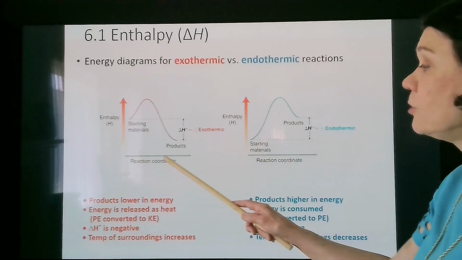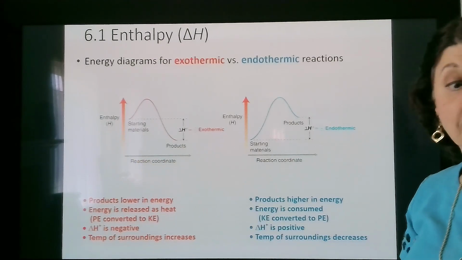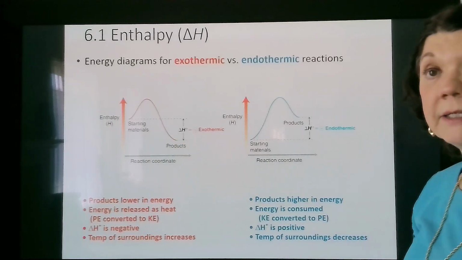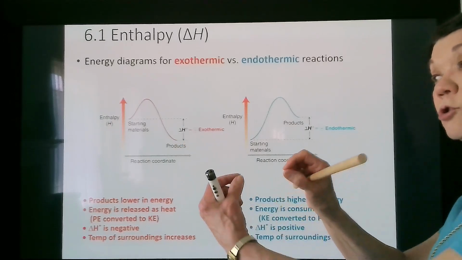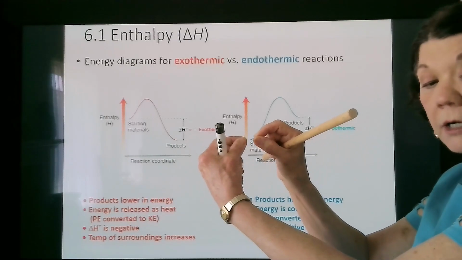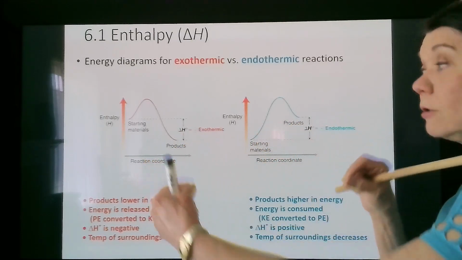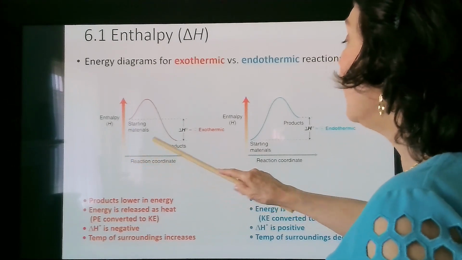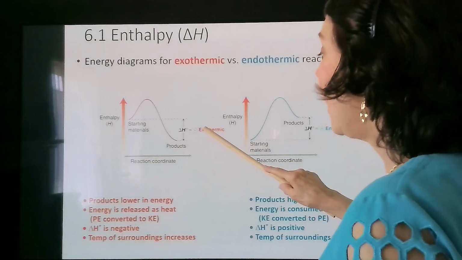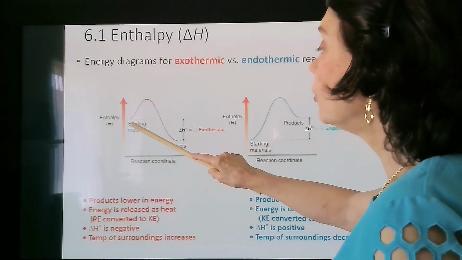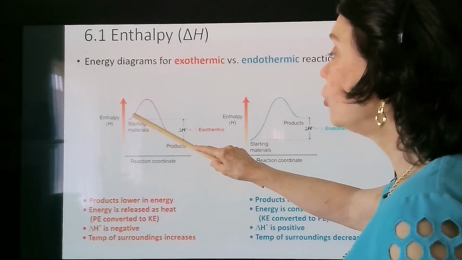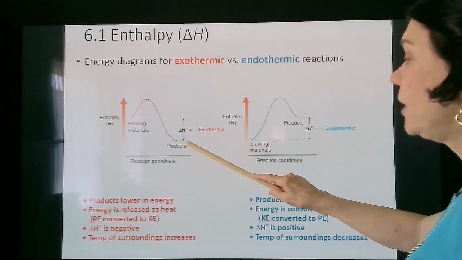And so this reaction coordinate will correspond to the energy change as that bond is broken, or as those two atoms that were involved in the bond move apart from each other. And so here, notice that this reaction is exothermic because the starting materials are higher in energy than the products, so the energy goes up and then it comes down.